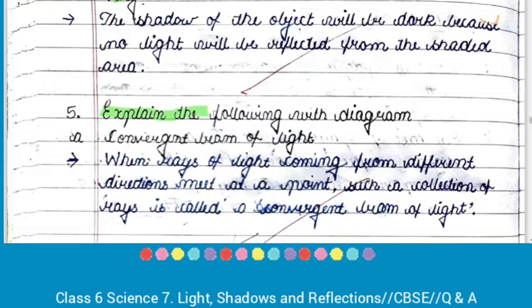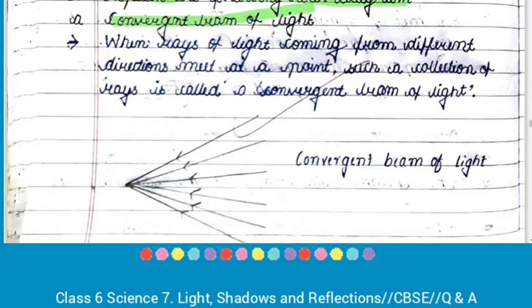Fifth question. Explain the following with diagram. First one is convergent beam of light. Answer. When rays of light coming from different directions meet at a point, such a collection of rays is called a convergent beam of light.